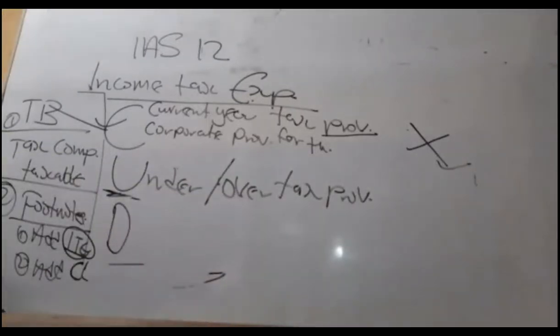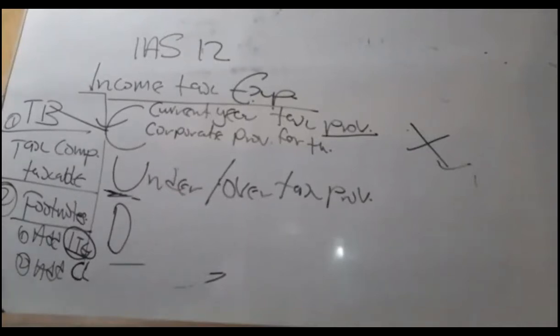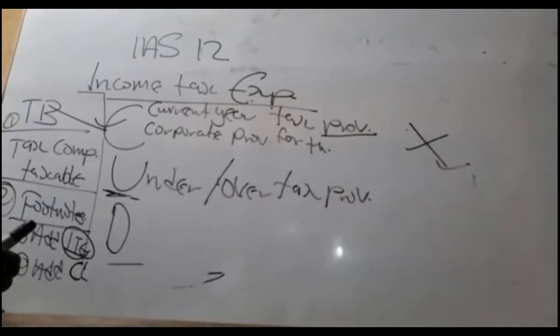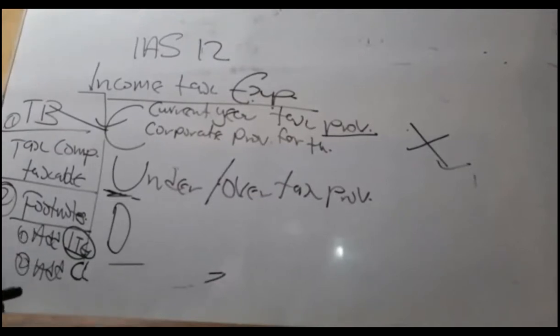Now, assuming that the provision that you made, the following year, GRA will have to confirm it for you. The tax authority will confirm. So either you provide more or less by that amount.